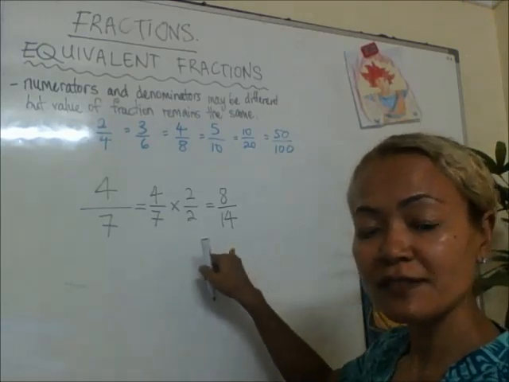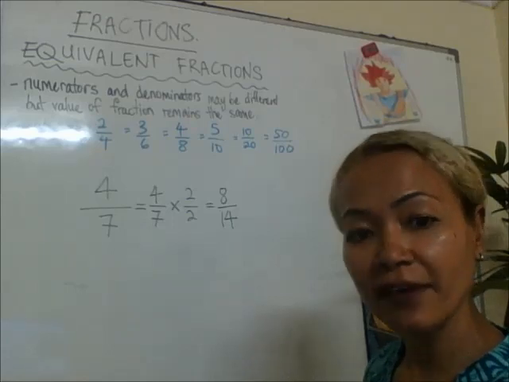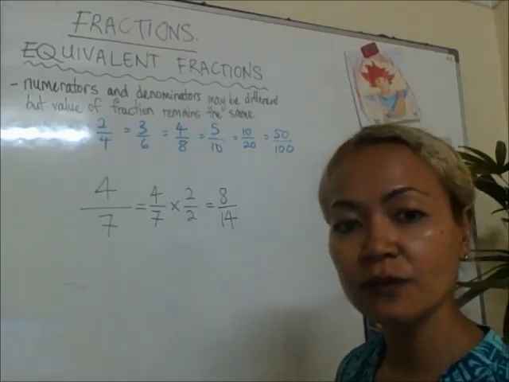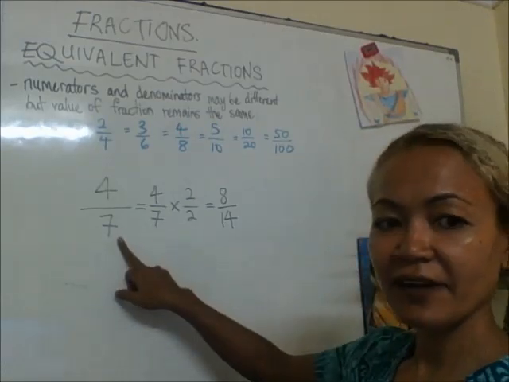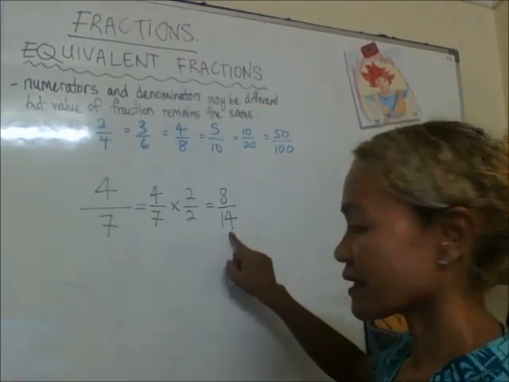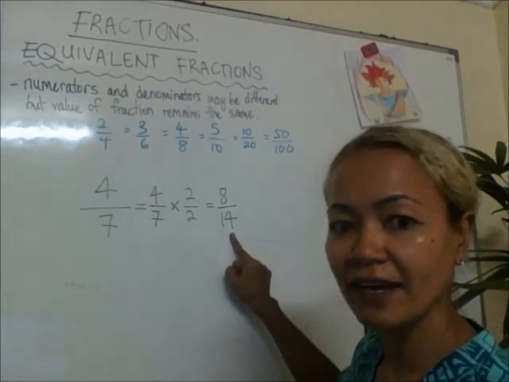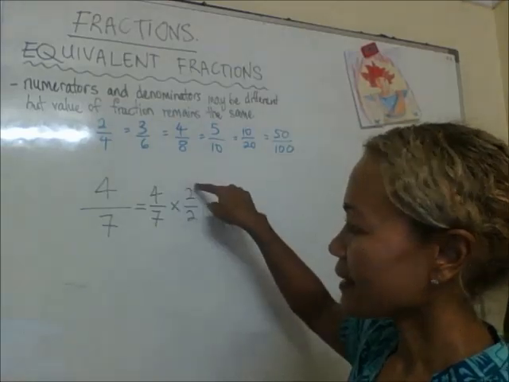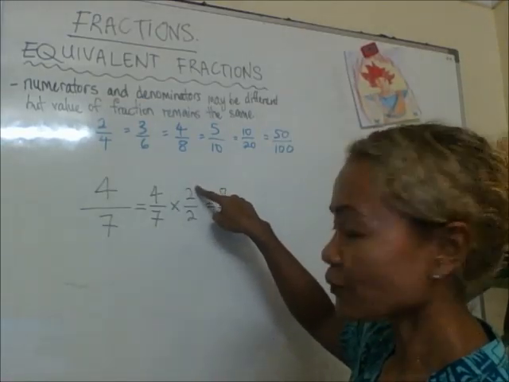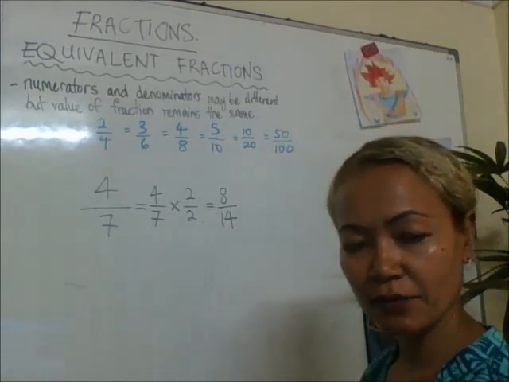They're equal because the numbers on the top and on the bottom might be different, but the value is the same. They are equal in value. So you can change any fraction to another fraction of the same value by multiplying it by 1 with the same number on the top and the same number on the bottom.